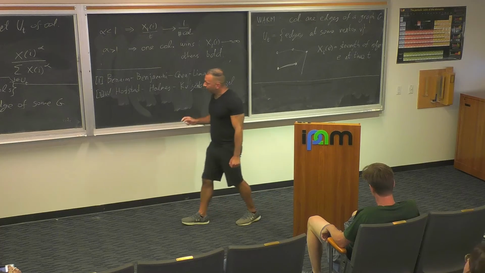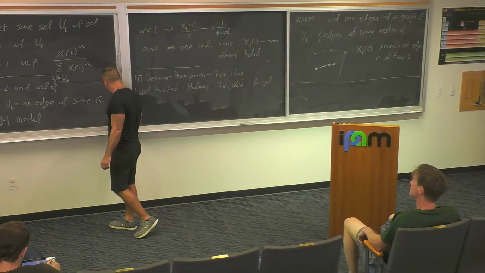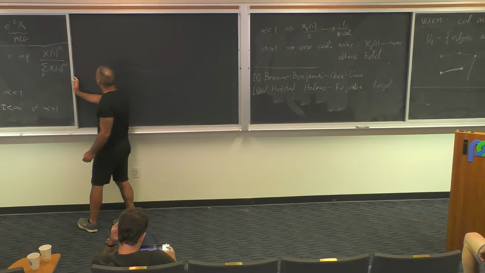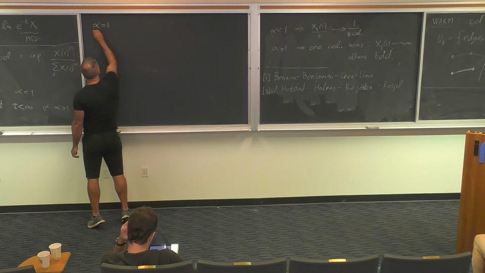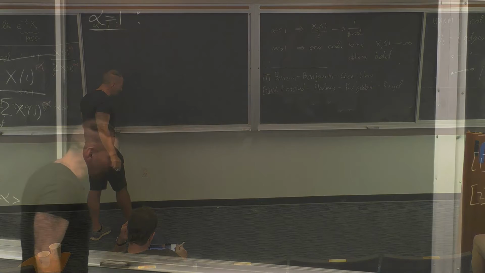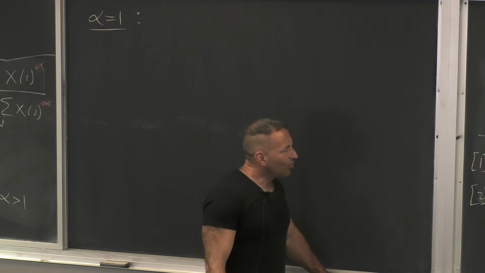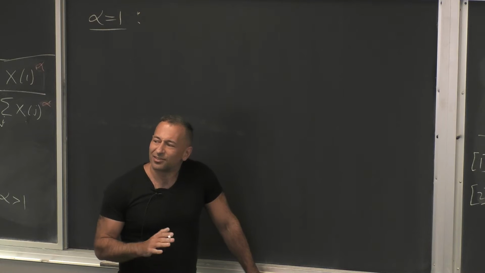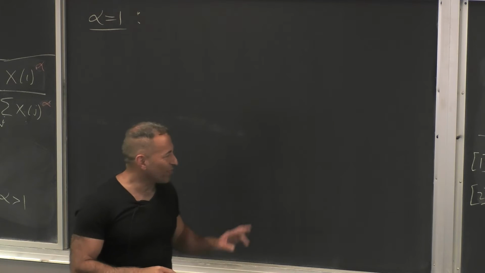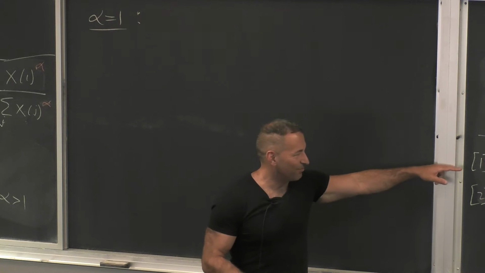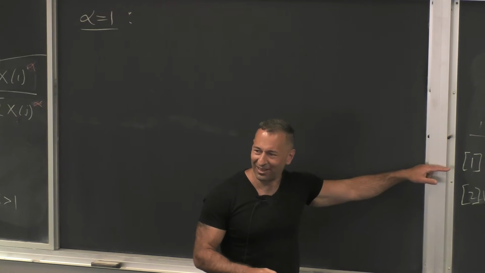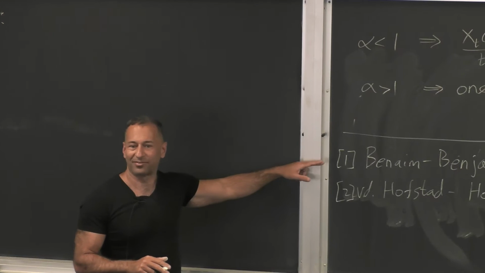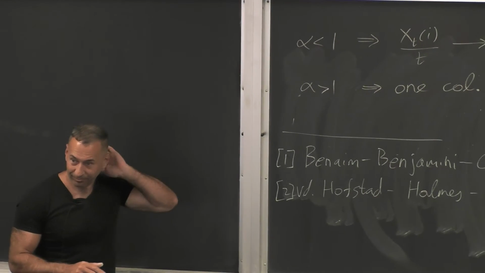So in the linear case, where alpha is equal to 1, for the graph model of this Benaim and others, where the colors live on the vertices of the graph, it is known, at least for finite graphs, that it always converges.